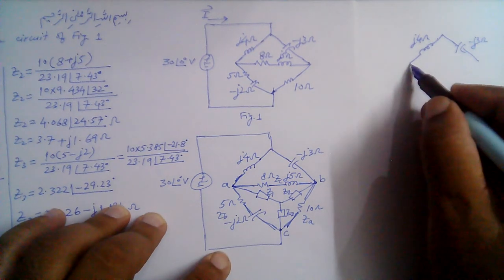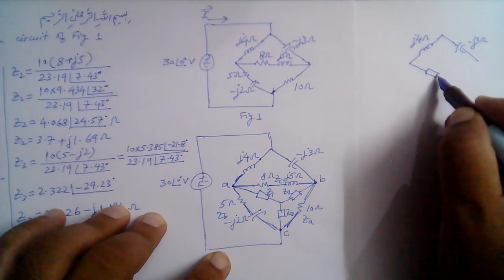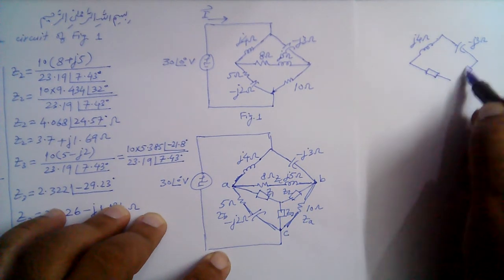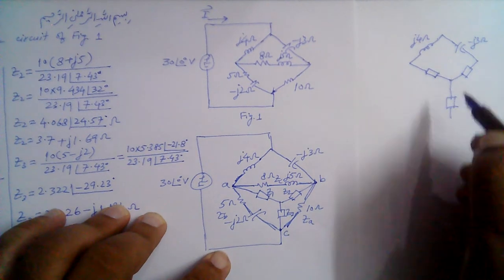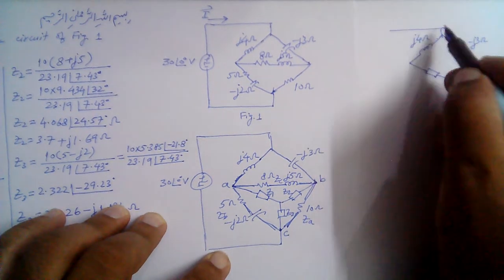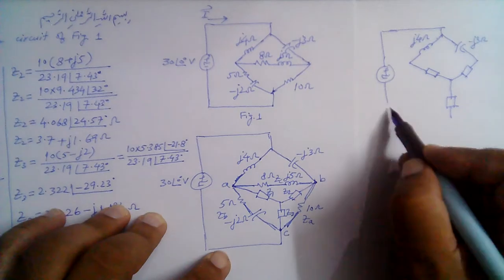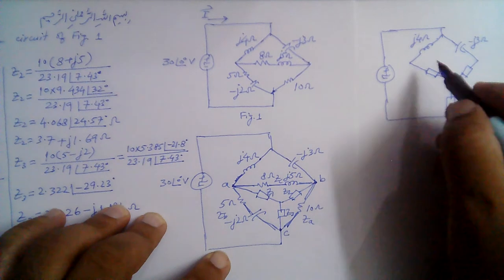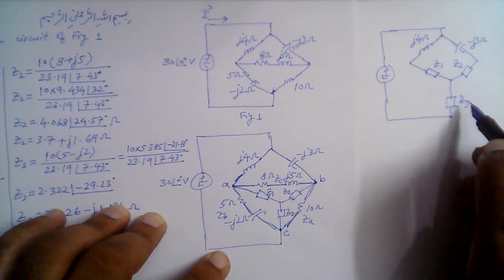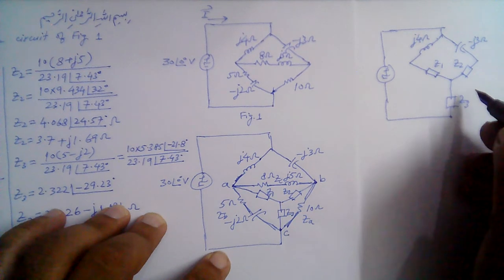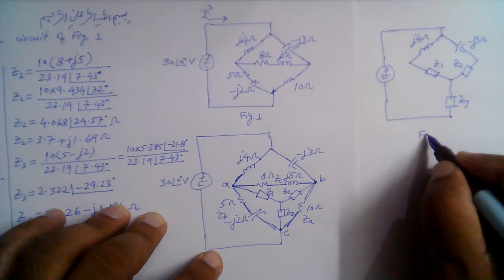So we have this Z1 here, and then we have a Z2 here and a Z3 here, right? This is Z1, this is Z2, this is Z3. So let's call this figure 3.